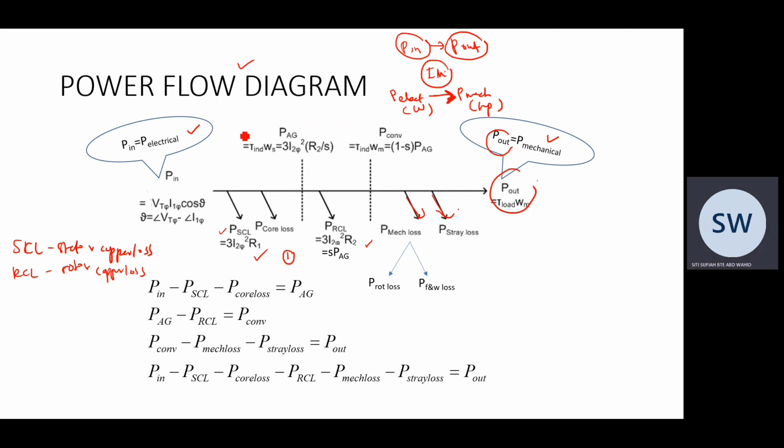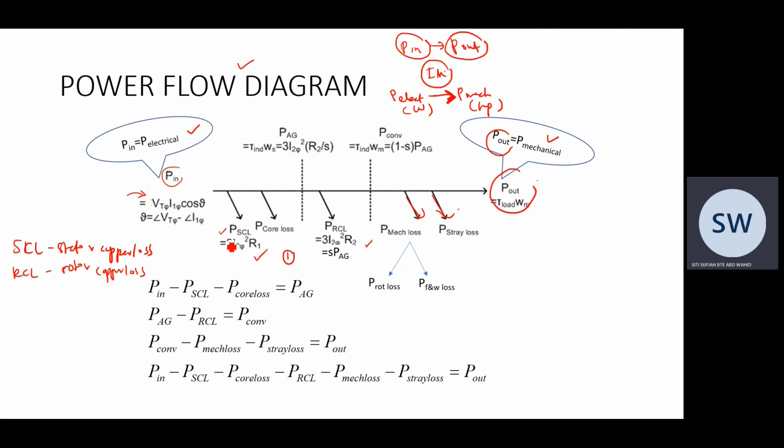Okay, I forgot to tell you, there are a few corrections. First, on the previous slide you have another formula, and also you have 3 in front. We need to remove that, because for the ELE291 new syllabus, three phase is not covered. So the formula for P in becomes only this.